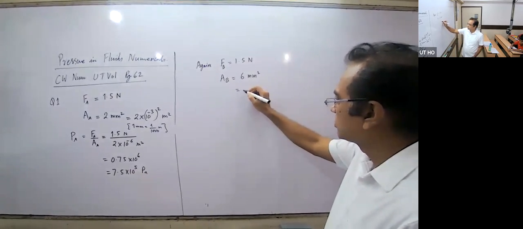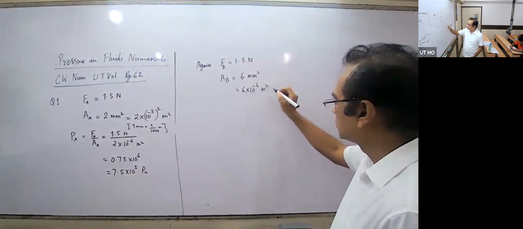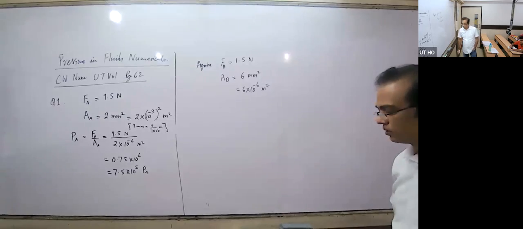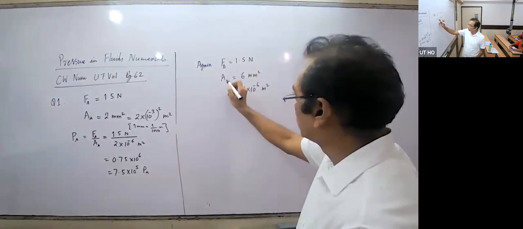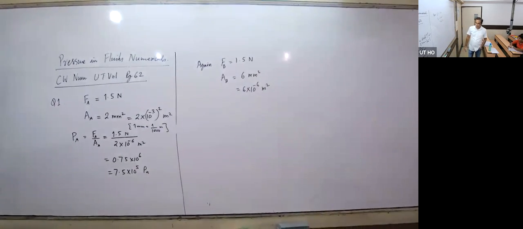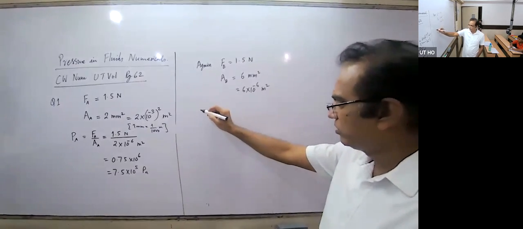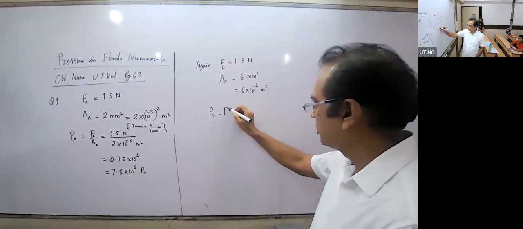So 6 millimeters square is 6 into 10 raised to minus 6 meters square. So to convert the area. So therefore, what is the pressure on nail B? Thrust on nail B.